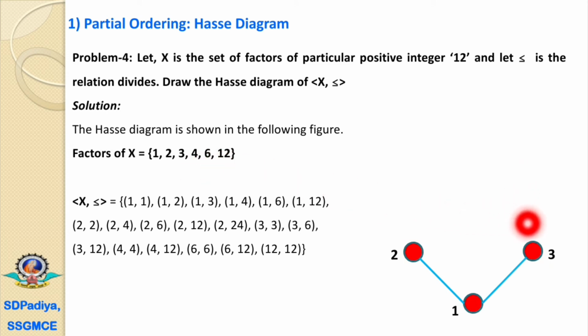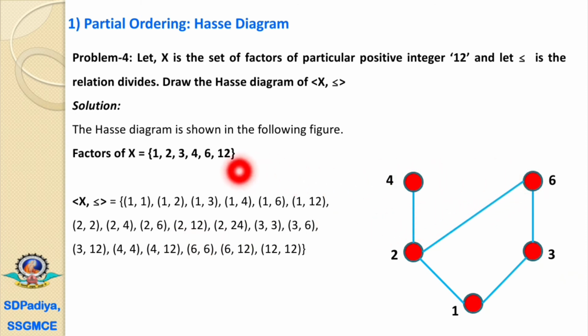That's why we draw 6 above the level of 3. 4 and 6 do not have a relation, so we draw 4 and 6 in the same line. Now you can check that 2 has a direct relation with 4, 3 has a relation with 6, and 2 also has a direct relation with 6. The (2,6) is there. That's why we connect this 2 with 6.